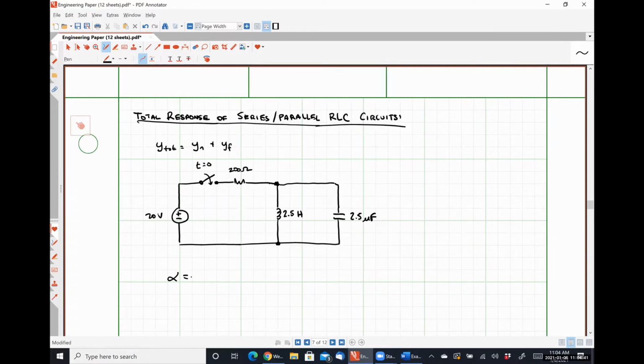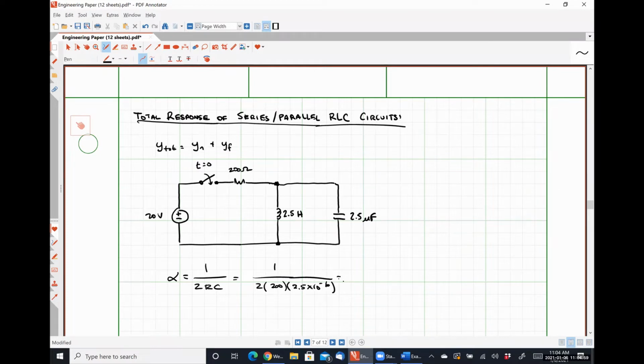Alpha is equal to 1 over twice RC. So that's 1 over 2 times 200 times 2.5 times 10 to the minus 6.